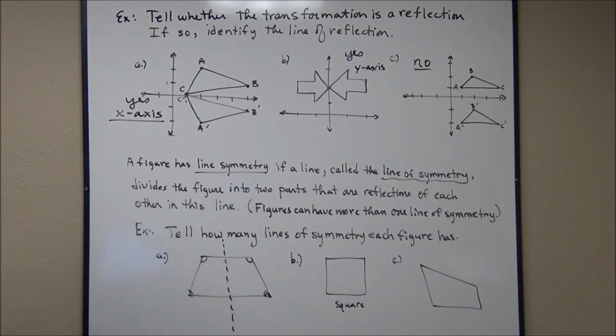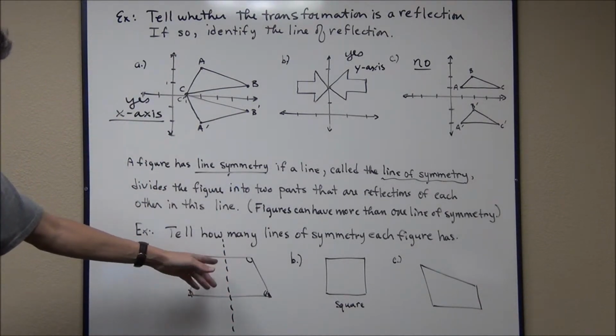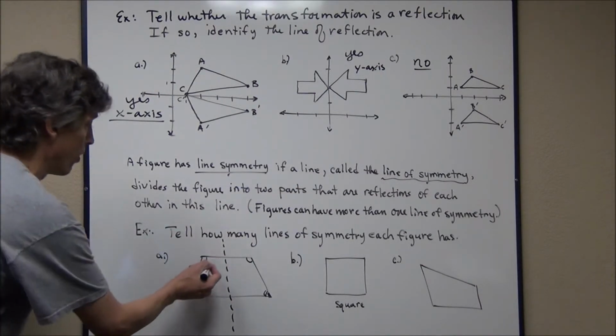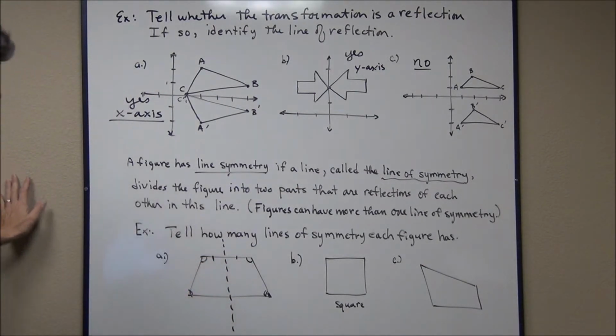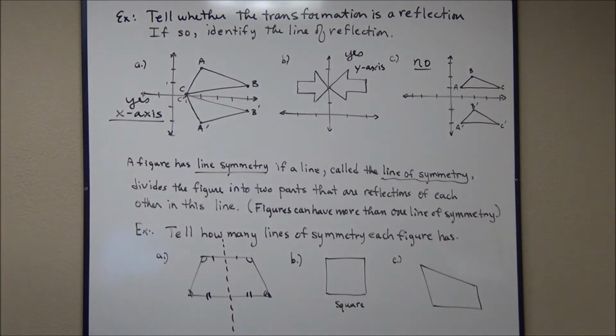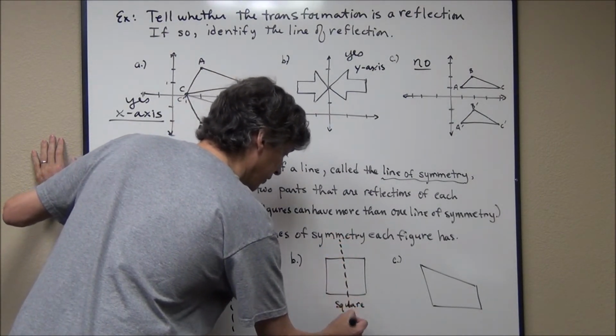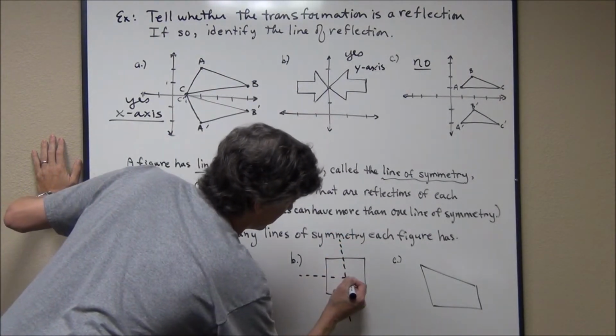It would cut right down the center. It would be perpendicular to the two bases here. And so this part here would be the same as this part over here, and this part here the same as that. That would be an example of a line of symmetry. So this one has one. Now a square has all sorts of lines of symmetry. I could put one right down the middle like this. I could put one right across like this.